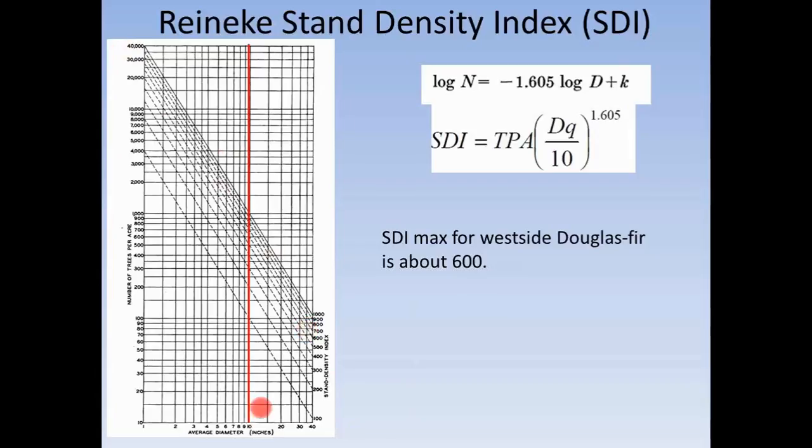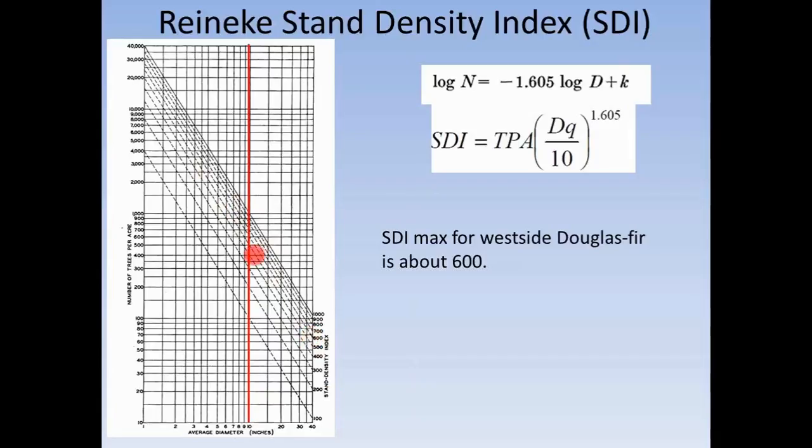Part of SDI is that the index level is a 10-inch tree. So an SDI of 600 basically means that if you have 600 10-inch trees, you reach this SDI level of 600.